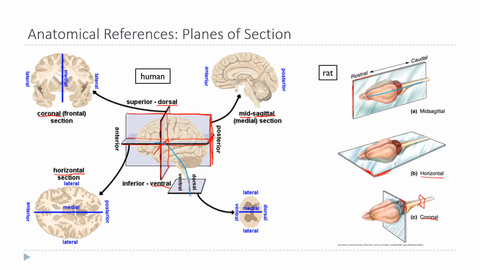You can make it cut like this. You can cut the spinal cord horizontally. You can cut the spinal cord sagittally, but typically when you see the spinal cord, it's cut in this view, which corresponds to the coronal section actually.